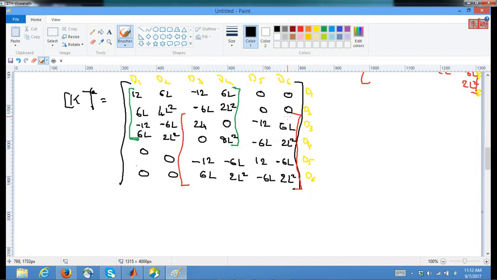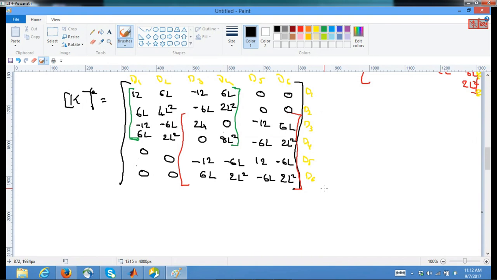Now this 24 came from addition of 12 from one element and 12 from another. This is minus 6L coming from green and red is plus 6L. Similarly, that's how it has become 0. 4L square coming from one and 4L square coming from the red one, so from element 1 and element 2.